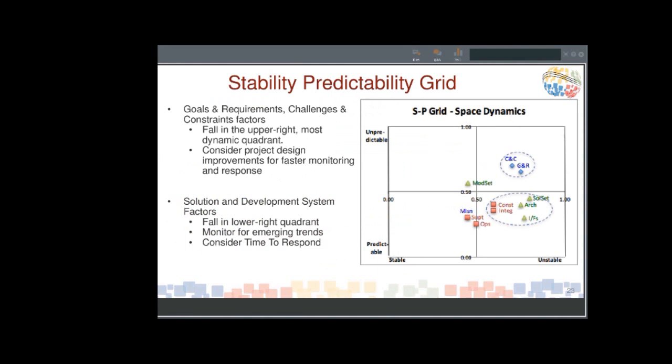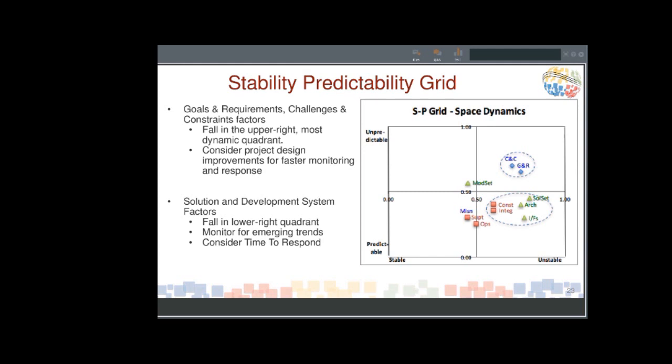Okay. And so when you get done with all that, this is what you end up with. You end up with a grid, and in this particular case, let me talk a little bit about the coding over here. The coding is like over here that I'm circling around, the C and G and the GNR. The C is challenges, constraints. It came from the customer problem space. Those are goals and requirements.